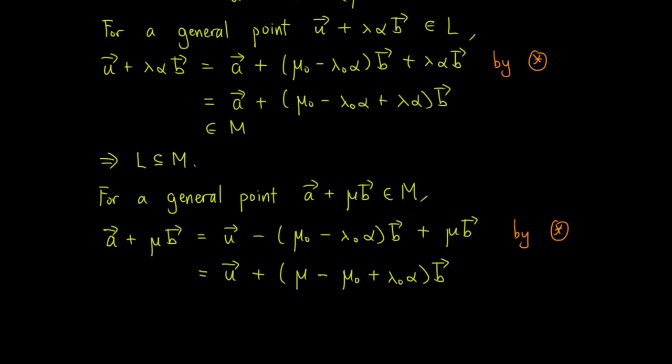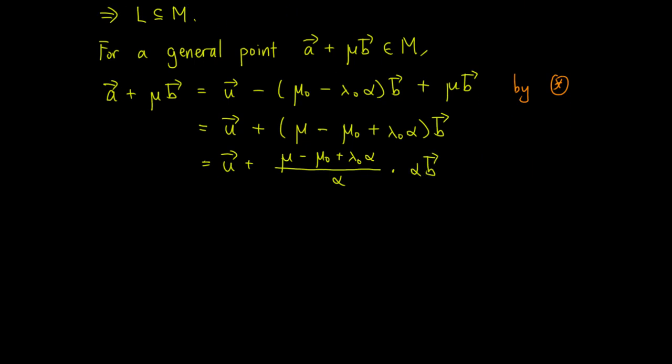To write this in the form of a point in L, we make sure that the second term is a scalar times alpha b. So we can multiply and divide the second term by alpha to get u plus ((mu minus mu naught plus lambda naught alpha) over alpha) times alpha b. Now this is an element of L, which implies that M is contained in L. So we have proved that L equals M.